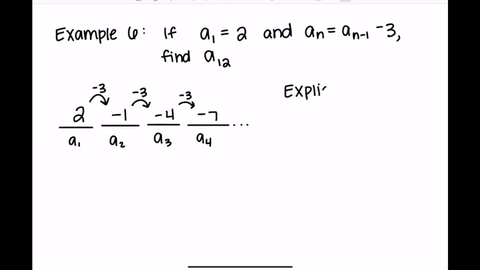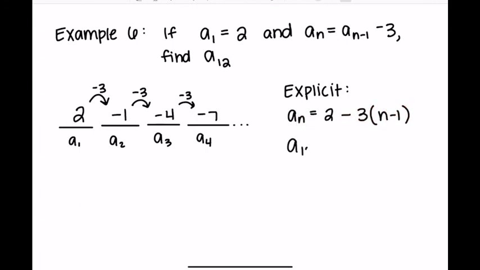So the explicit formula. All right, so a sub n, so any term is going to be starting with 2, and you're adding that common difference of -3. Now, instead of writing plus -3, I'm just going to write -3 times n minus 1. So if we're looking for a sub 12, we're going to subtract 3 a total of 11 times.